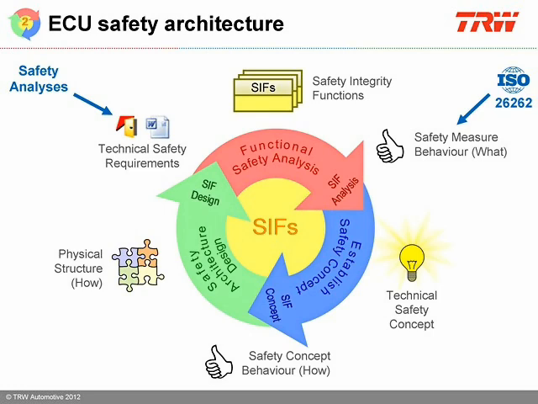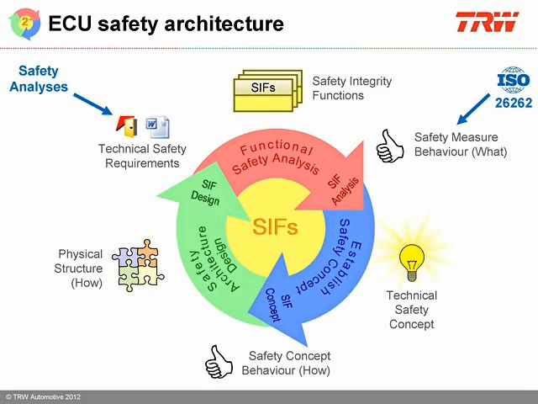Out of the functional safety lifecycle come the technical safety requirements of the ECU, which we partition into safety integrity functions, or SIFs for short. In line with the allocated ASIL of the requirements and guided by ISO 26262, we select suitable levels of safety measures to mitigate the technical safety requirements.